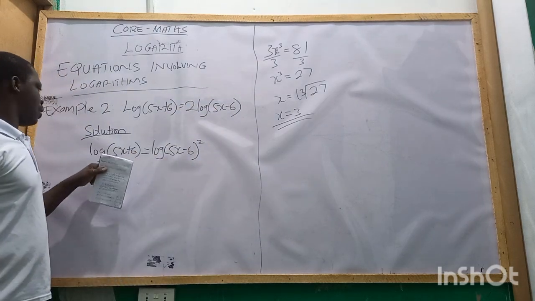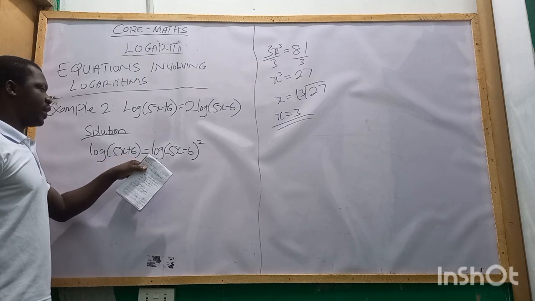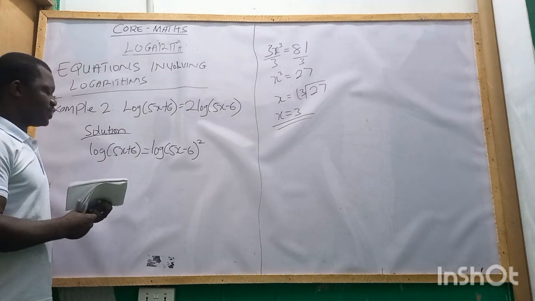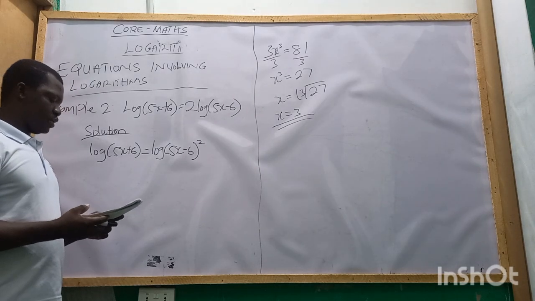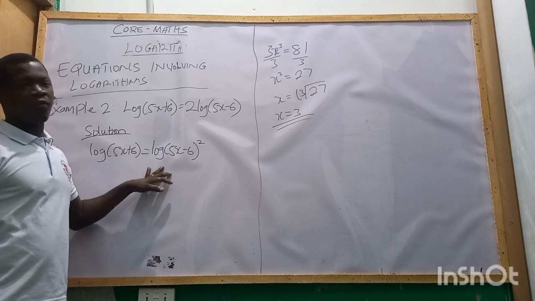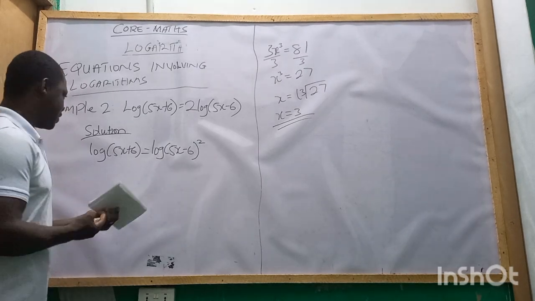So now I have log of (5x plus 6) equal to log of (5x minus 6) all squared, right? So I'll take anti-log of both sides, then I'll be left with my equation, then I proceed.